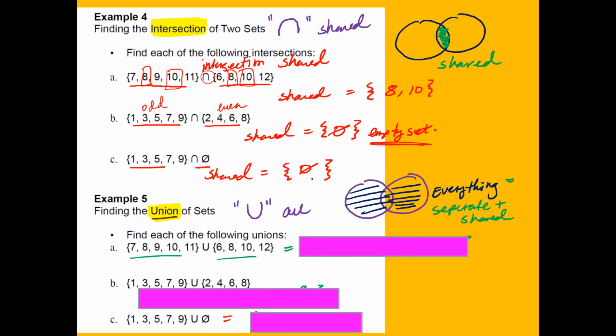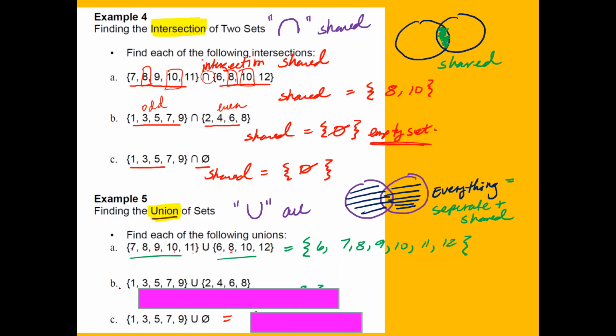Okay, example 5. The opposite of intersection is union, so you're going to include everything that is in both sets. Let's take a look at A. With A, you are going to include 6, 7, 8, 9, 10, 11, 12. Essentially, everything. Not what they shared, but every single thing from the first set and the second set.